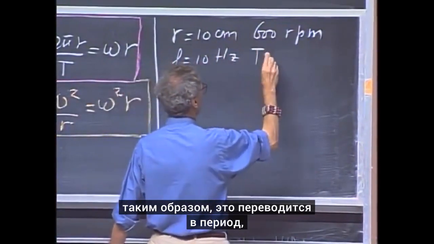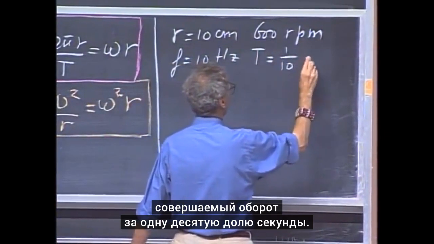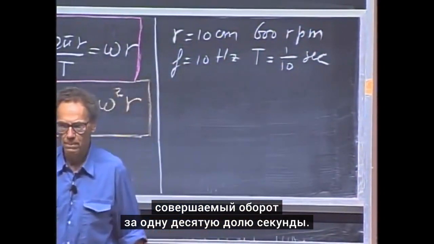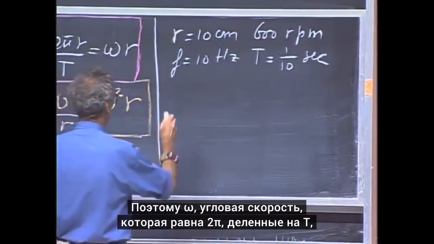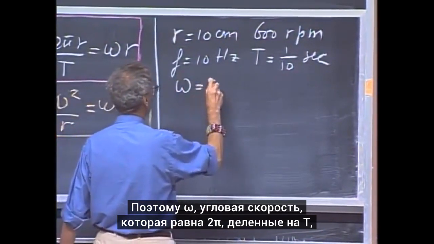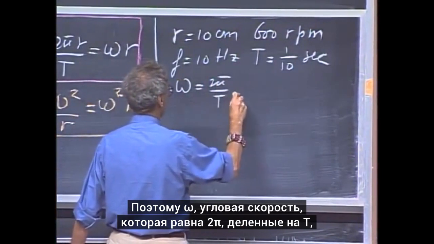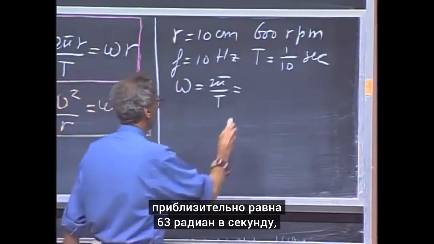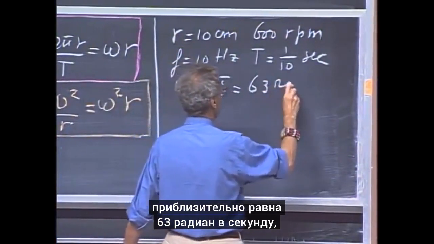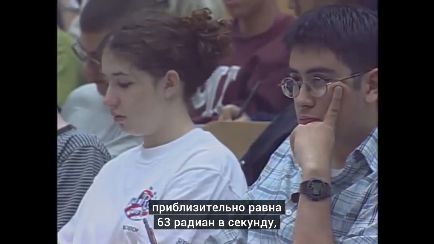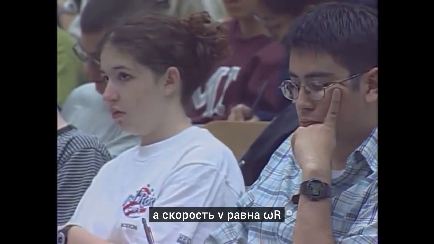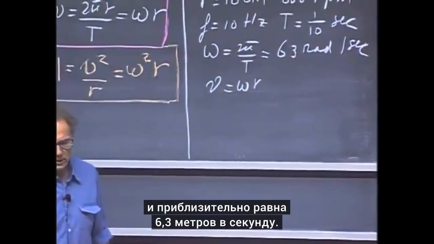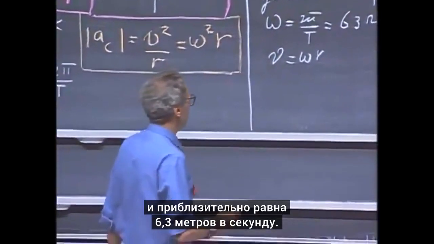So it would translate into a period of 1/10 of a second. So omega, angular velocity, which is 2 pi divided by T, is then approximately 63 radians per second, and the speed v equals omega r is then roughly 6.3 meters per second.